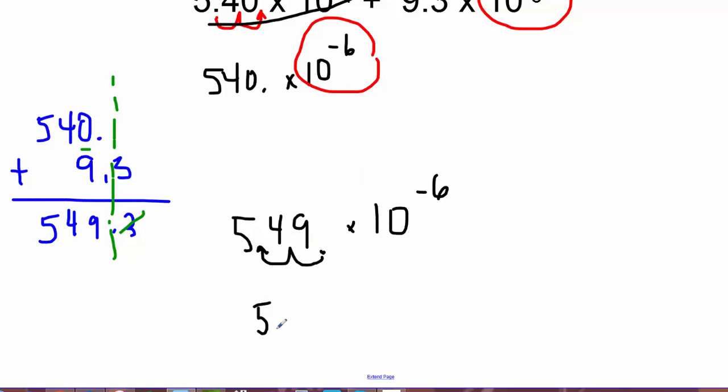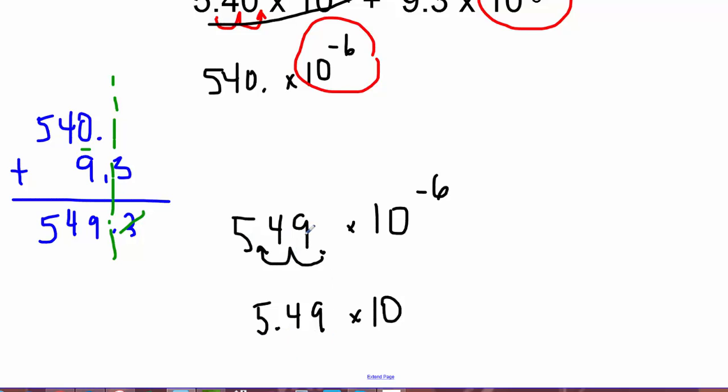And now let's think about what's happened to our exponent when we did that. Remember the rule: if your digit is getting smaller, in other words, you're moving your decimal place to the left so that the number is smaller, 5.49 is smaller than 549, we need to make sure our exponent is getting bigger by the same magnitude.